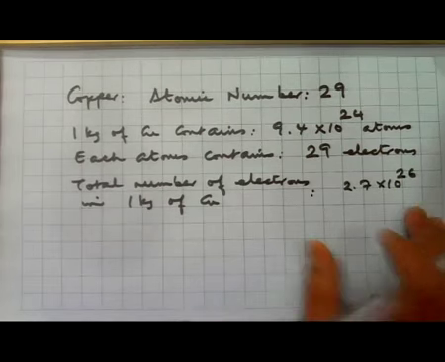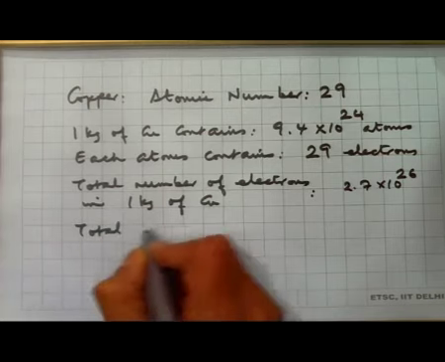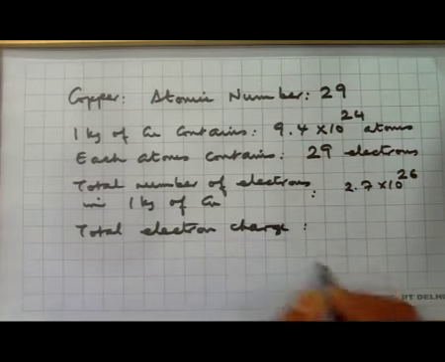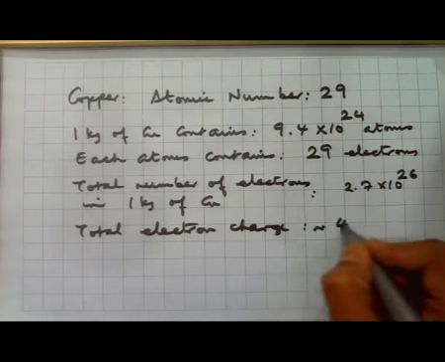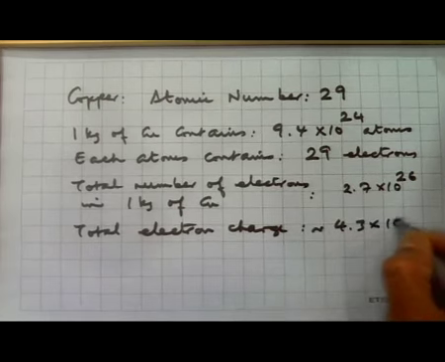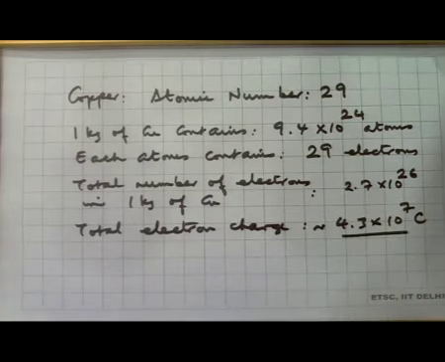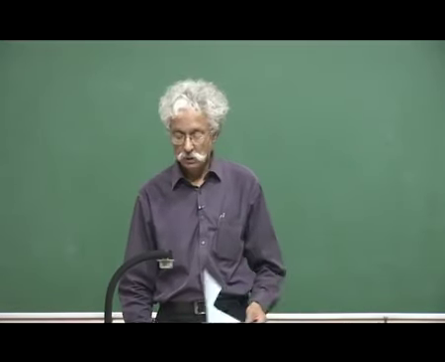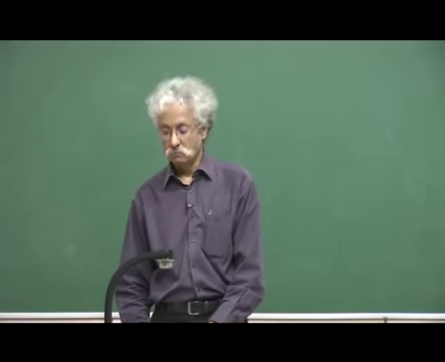So, these are the number of electrons, these are also the number of protons, and so the total electron charge, if I multiply this by the charge per electron, I will get about 4.3 into 10 to the power 7 Coulomb. So, please note that there are so many electrons in 1 kilogram of copper, about 43 million Coulomb charges, and you need only an excess charge of about 9 10 to the minus 11.